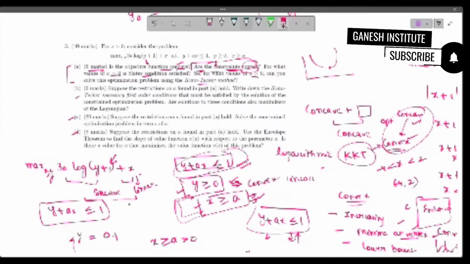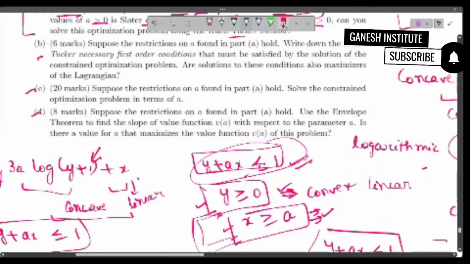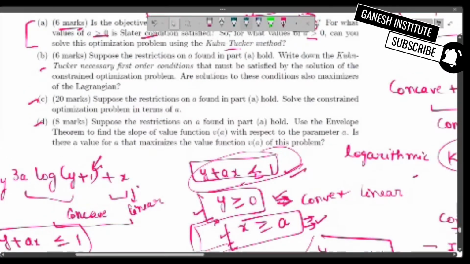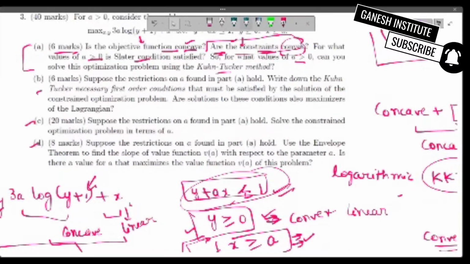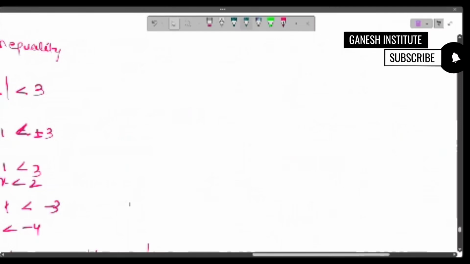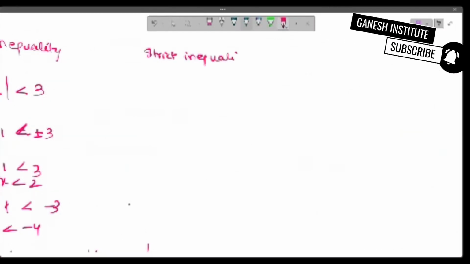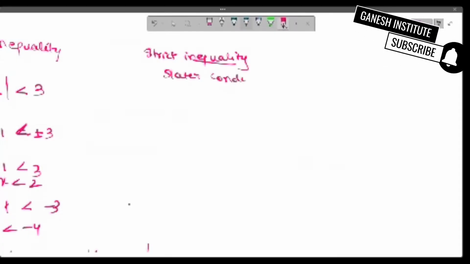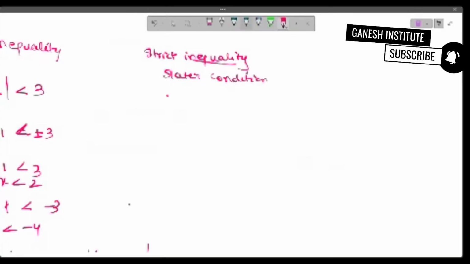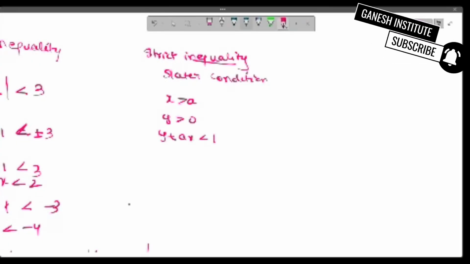We have to prove for what values of a greater than 0 is Slater condition satisfied. Now, for Slater condition, we know Slater condition is for strict inequality. So I need to check Slater condition for all of them. That is x greater than a, y greater than 0, and y plus ax less than 1, right?